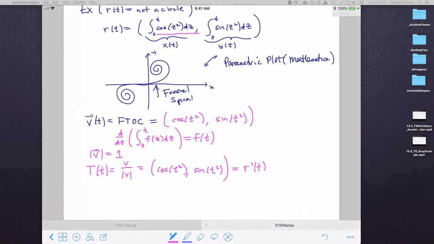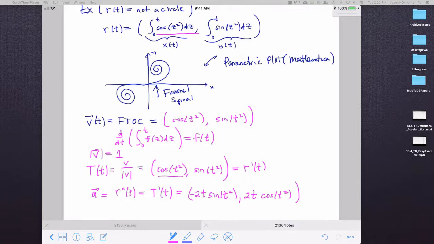So if you go to your acceleration vector, which is r double prime of t, or in this case just T prime of t, when you go to the second derivative, you'll get from the chain rule 2t times negative sine of t squared, the derivative of cosine, and 2t cosine of t squared, the derivative of sine. So there's the chain rule kicking in for you.